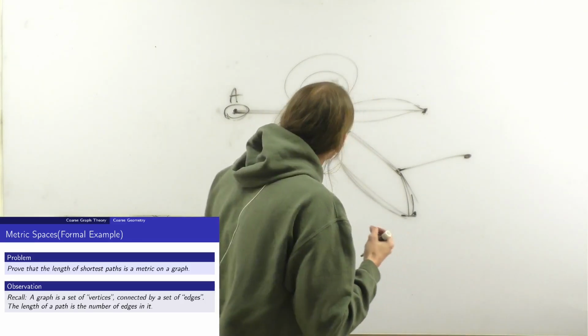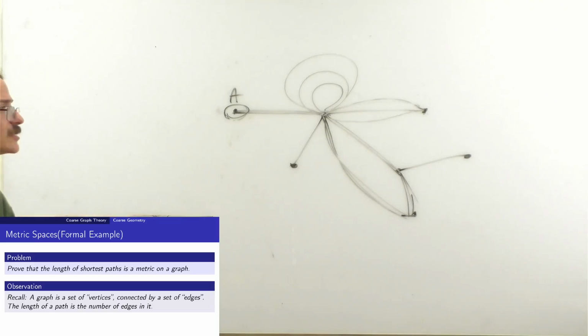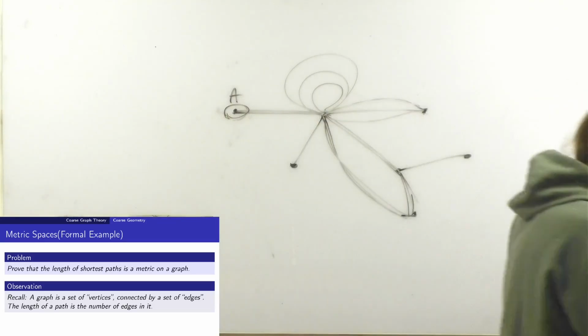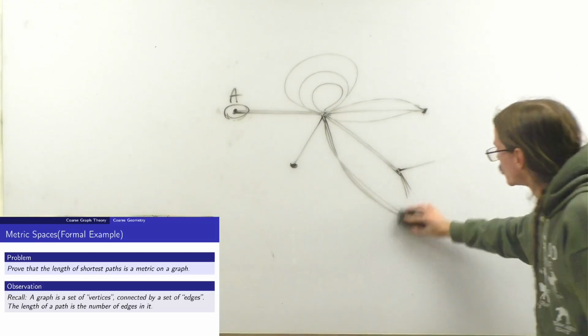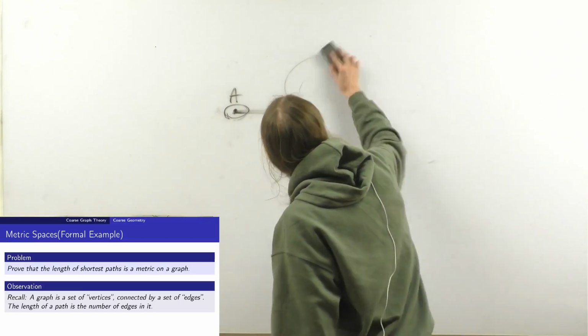Next step on the hit parade, we've got to show that the distance going one way is the same as the distance going the other way. So let's just be real formal for a second, just to prove that we can do it if we wanted to.